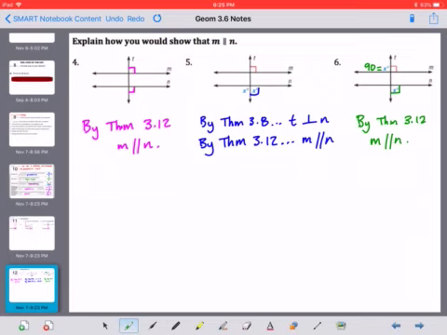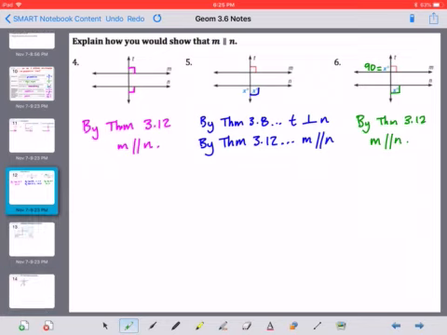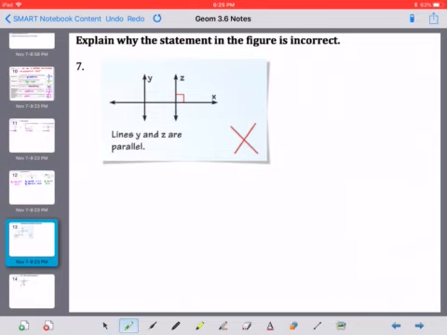Okay. So let's kind of switch gears a little bit here, flip to the next page. And we are going to explain why the statement in the figure is incorrect. Well, they're saying here that line Y and Z are parallel. But unfortunately, we don't know if Y and X are perpendicular.